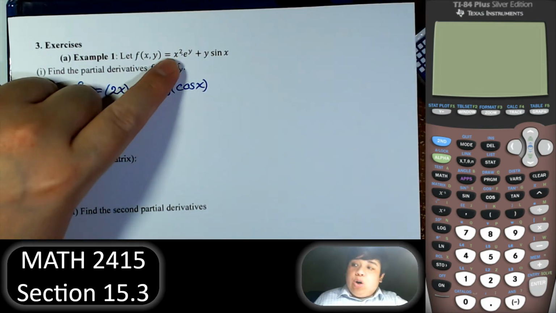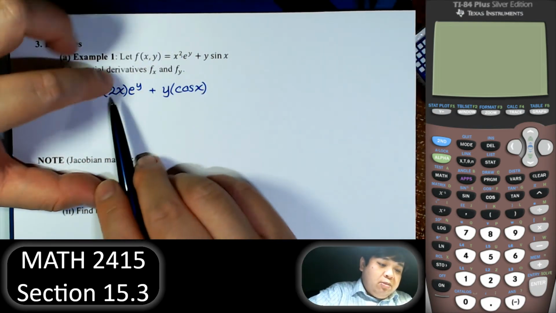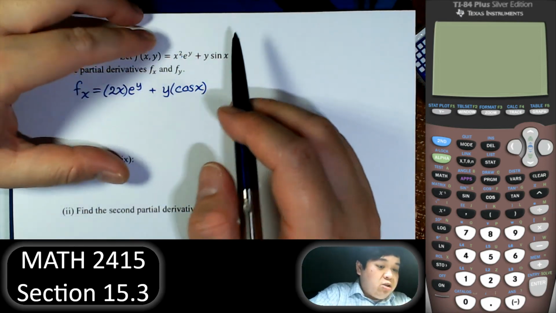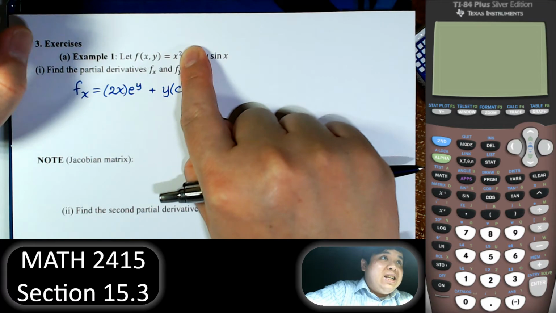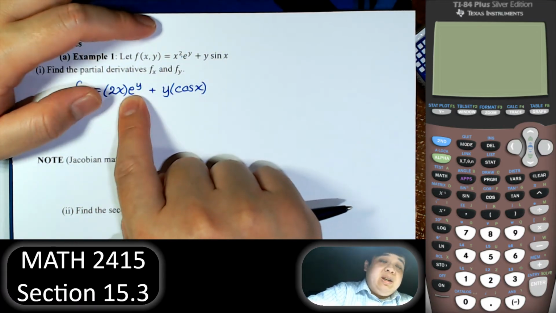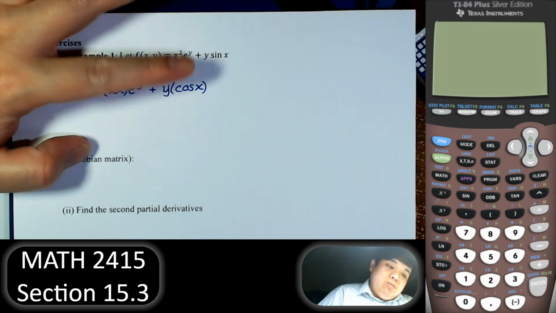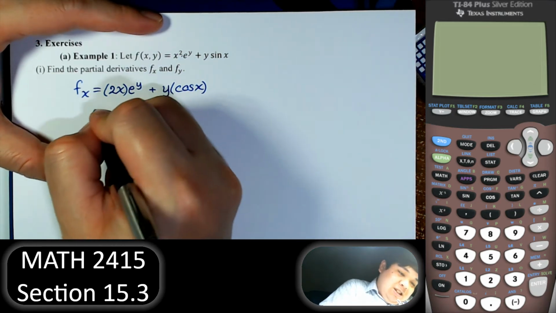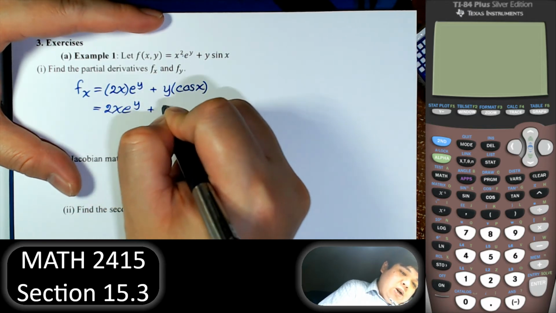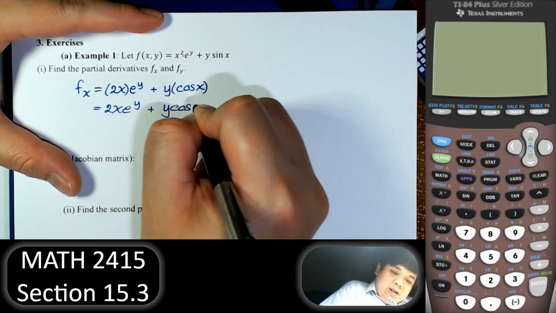This is not a product rule because, we can still use the product rule, but it's not necessary. It's only one function that has x in it. Take the derivative. The other one is constant, so we stay. Yeah, so pretty much that. 2x e to the y cosine x.